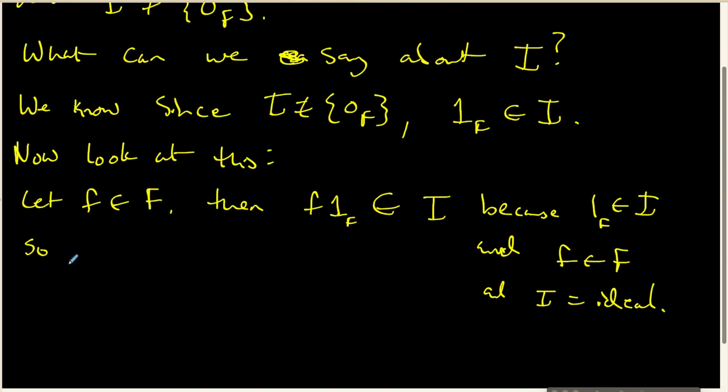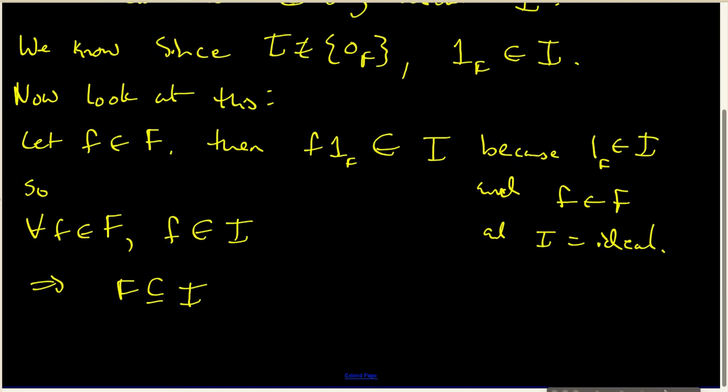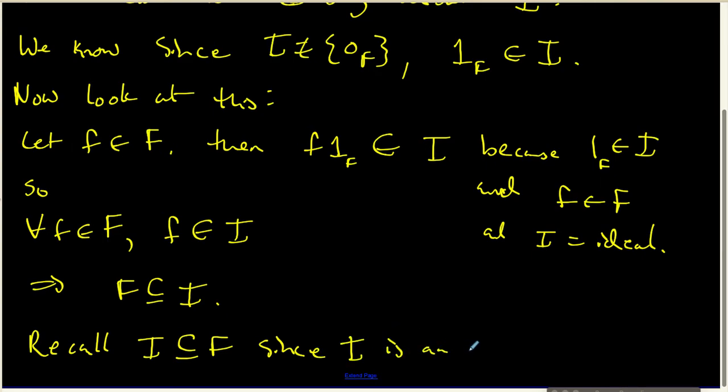So what this says is that for every little element f inside our field, that little element f belongs to I. And that implies that F itself is a subset of I. And what I want to recall is that I is also a subset of F since I is an ideal of F. And an ideal, of course, is a subring, and a subring requires you to be a subset.